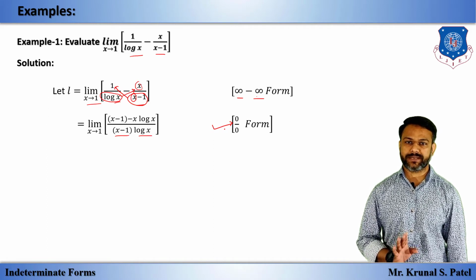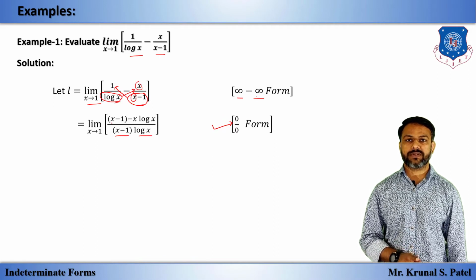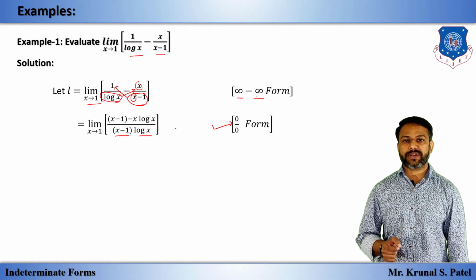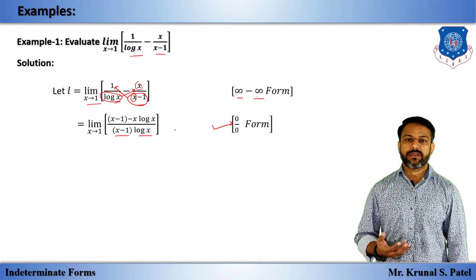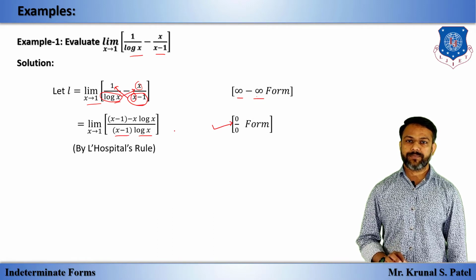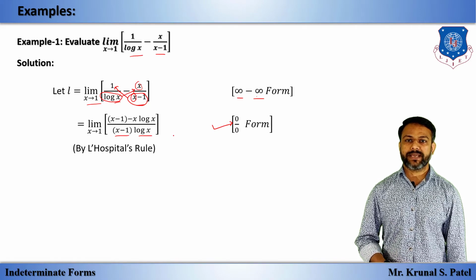You can check it. 1 minus 1 is 0, 1 into log 1 is 0, so 0, and in the same way the denominator. Now after getting this 0 by 0 form, we know that we have to apply L'Hopital's rule. So by applying L'Hopital's rule, we have differentiation of numerator and denominator separately.